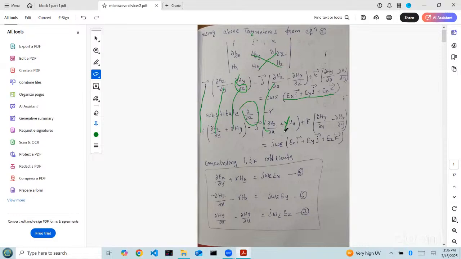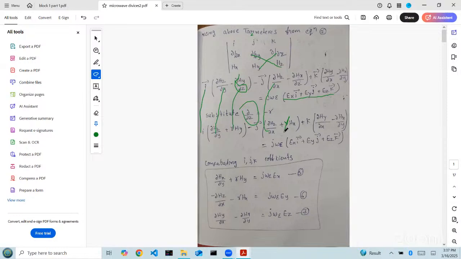3.4. Check, compare only i equations. LHS, i-th term: ∂Hz/∂y + γHy = jωε Ex. Understood? Compare j-th term.